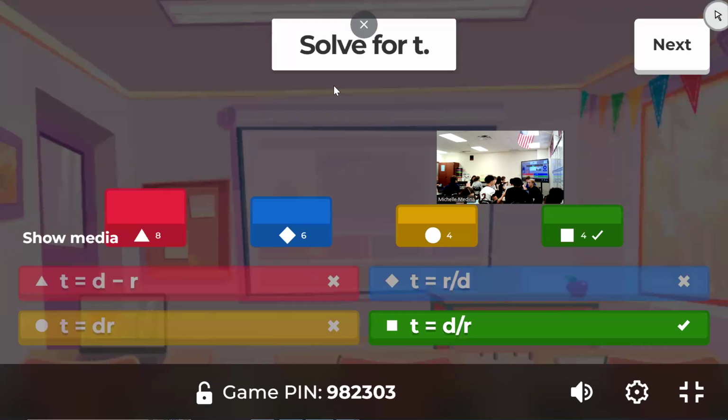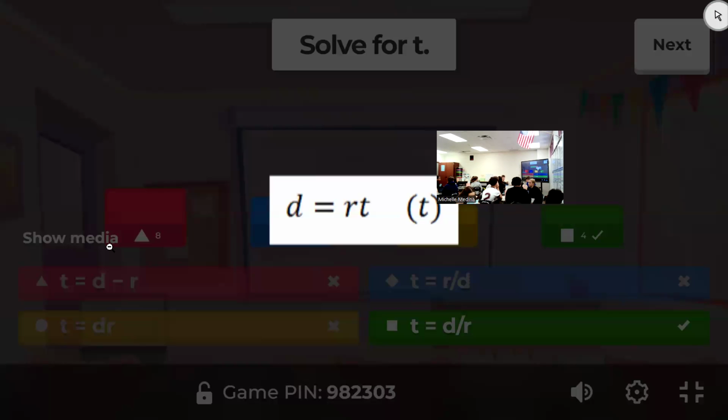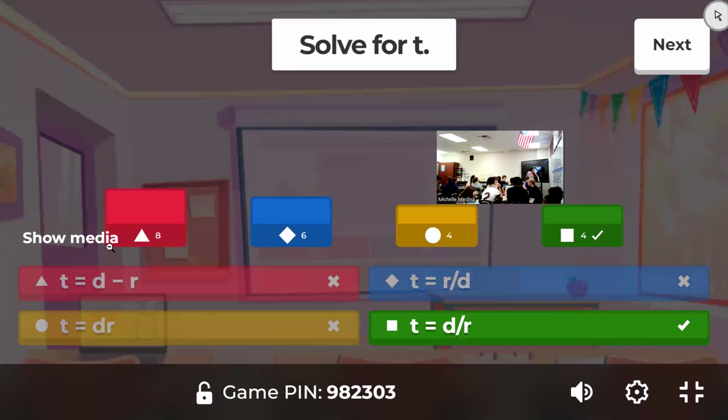Okay, 2 seconds, sorry. All right, so for this, whenever we say solve for a specific variable, what do we want you to do? Make that variable alone on one side of the equal sign. So yes, kind of like the total is usually alone on one side.